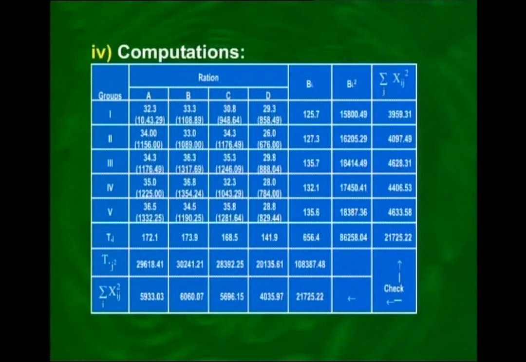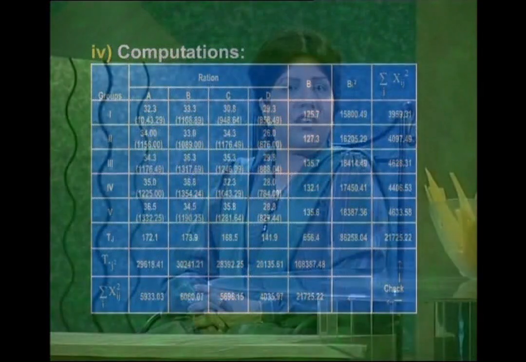Similarly, the sum of all the data values comes out to be 656.4 as you can see on the slide, and sigma bi dot square is equal to 86258.04, whereas sigma t dot j square comes out to be 108387.48. Students, बस यही एक थोड़ी सी लंबी कैलकुलेशन है. Once you have obtained all these sums, after that it is fairly simple.